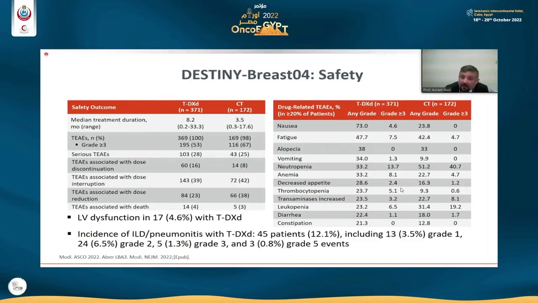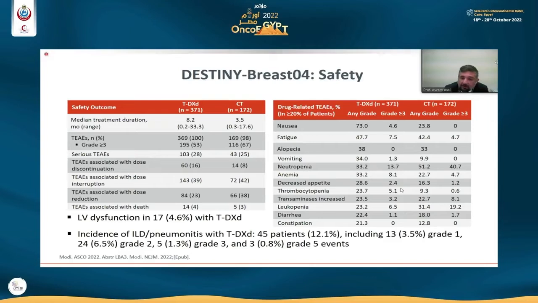The drug-related events in the trial were noticed to be very well tolerated, with nausea, fatigue, alopecia, vomiting, and hematologic abnormalities such as neutropenia and anemia being present, but mostly not at grade 3 or more. They were very well tolerated.